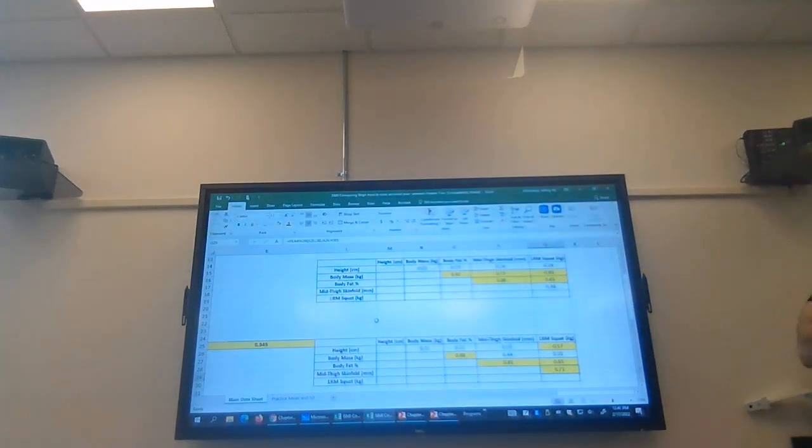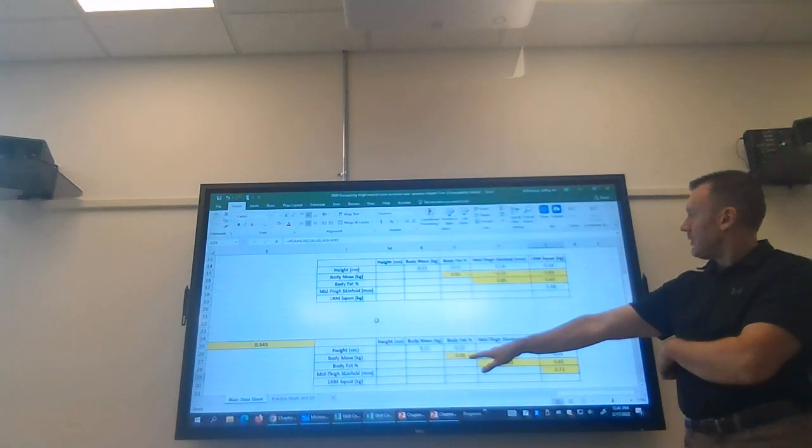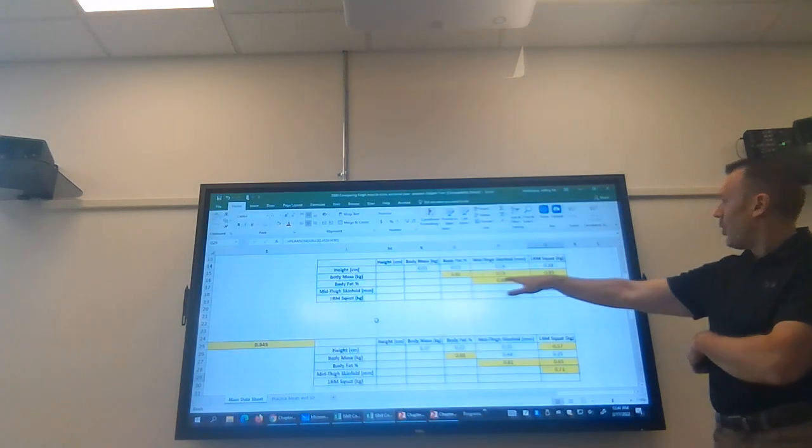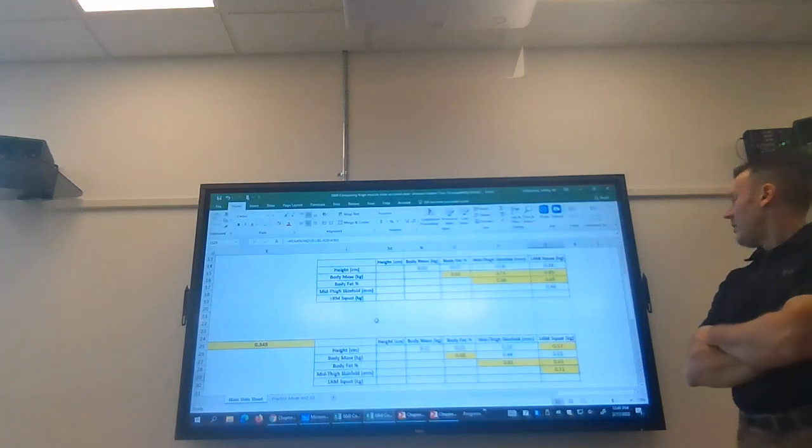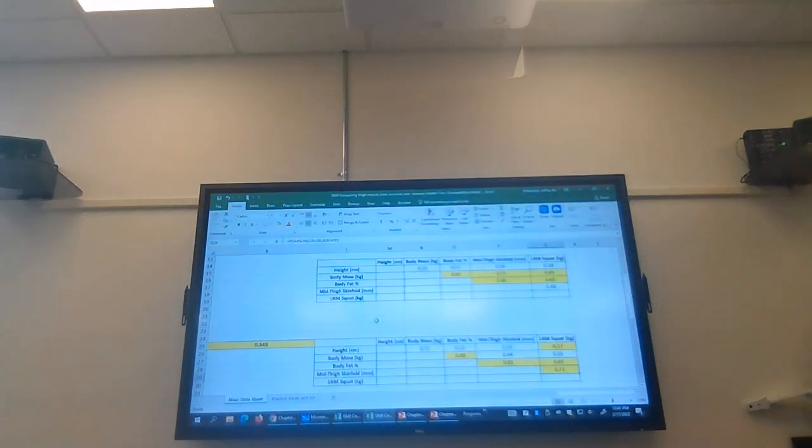A couple really strong correlations there in the Olympic lifters with the 0.8s, a couple 0.8s up here. Seems like there's a consistency among all 3 groups: lesser height means greater load on the 1 rep max.